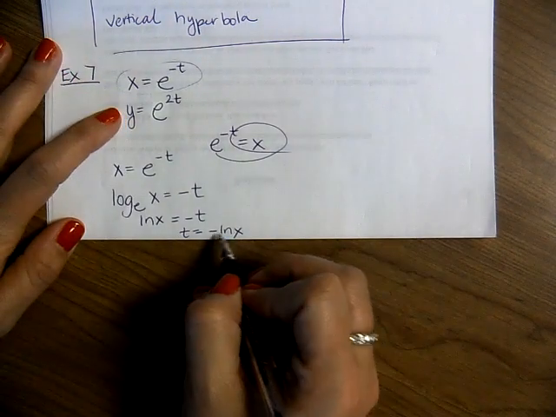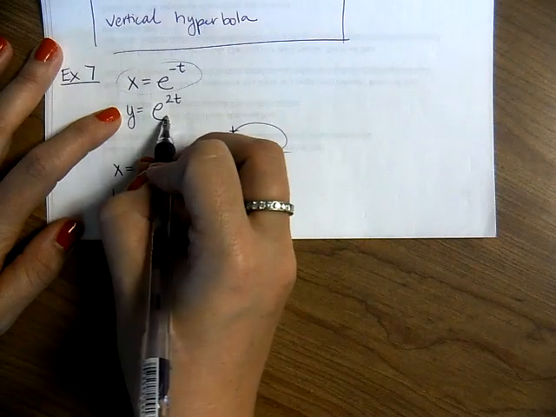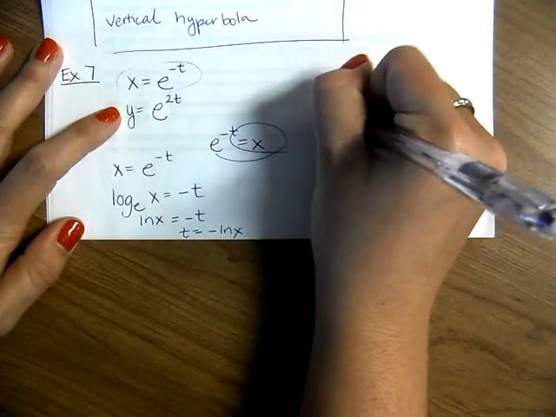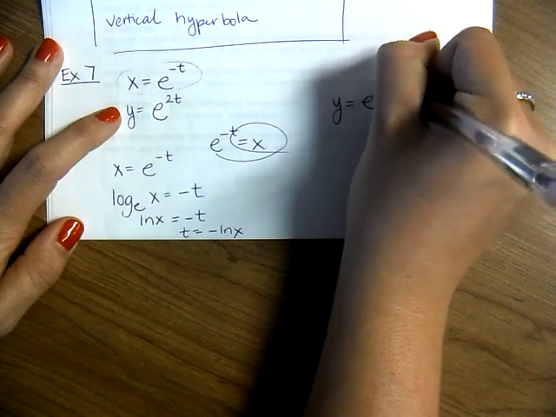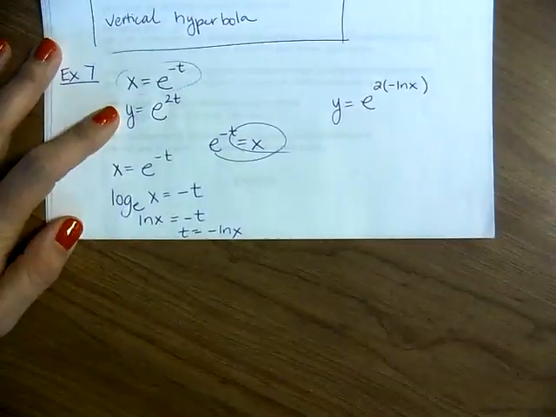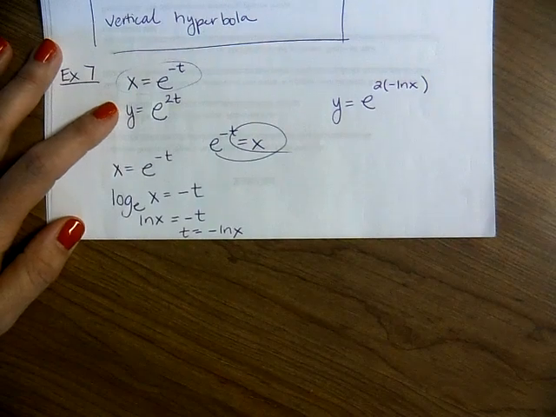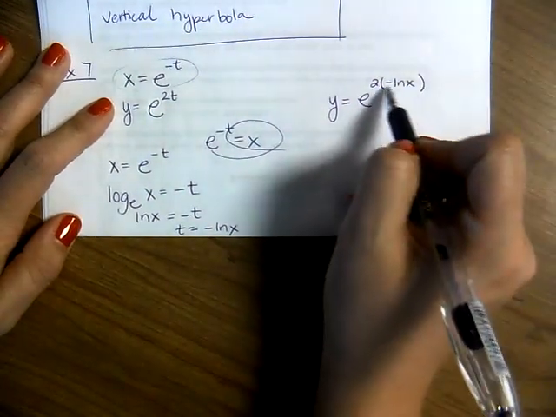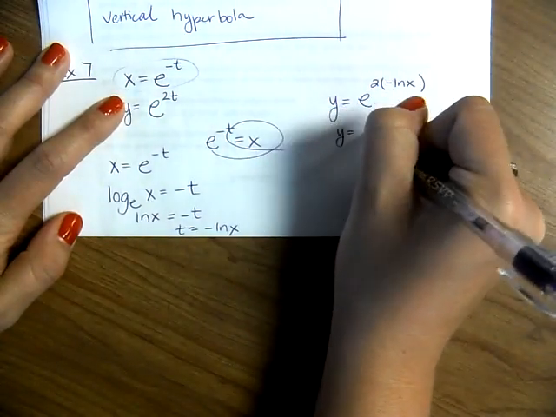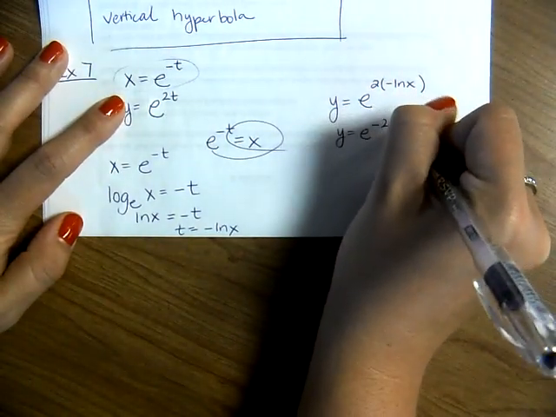All right, so now we know what t is. We're going to substitute it back in. Okay, so I have y equals e to the 2 times the natural log of x. Now, if you multiplied these together, you would have e to the negative 2 natural log of x.